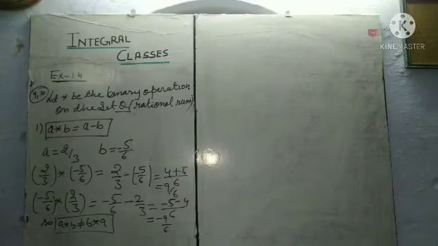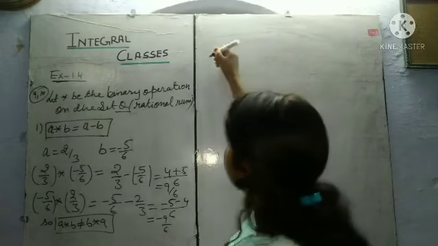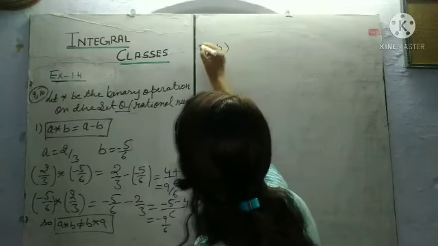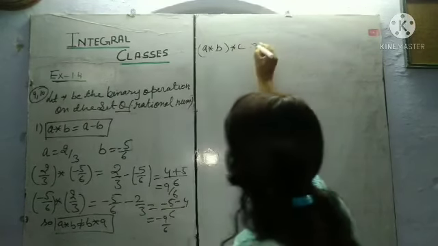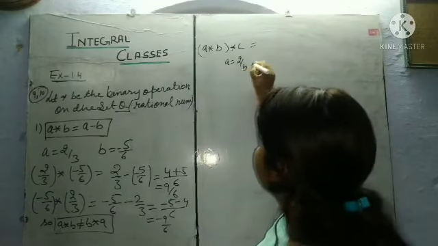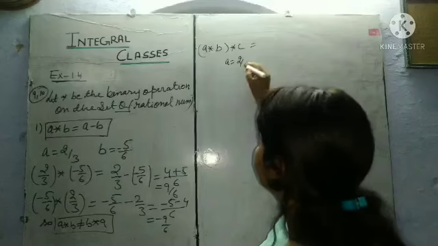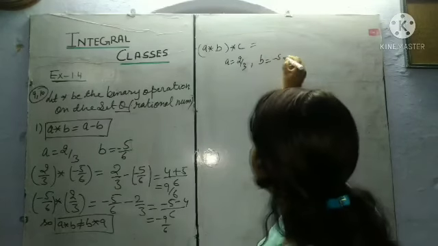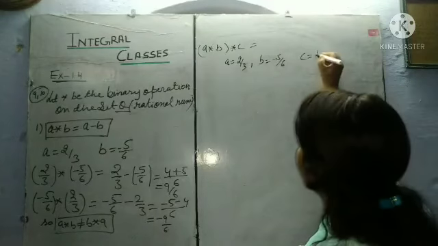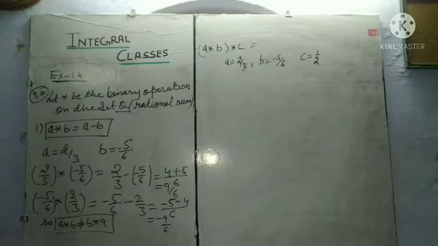Now we will check associativity. So again we will consider an example. If we want A star B star C, suppose A is equal to 2 by 3, B is equal to minus 5 by 6, and we will take a third element, which is 1 by 2.